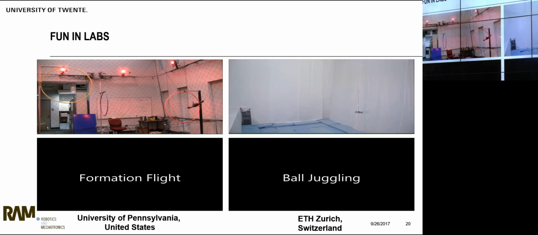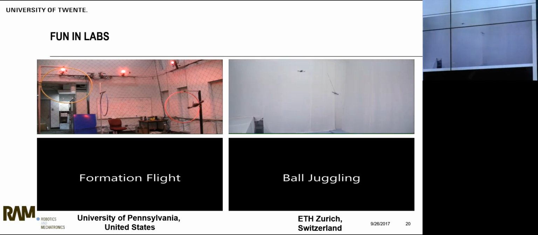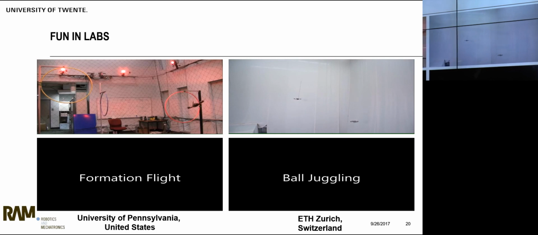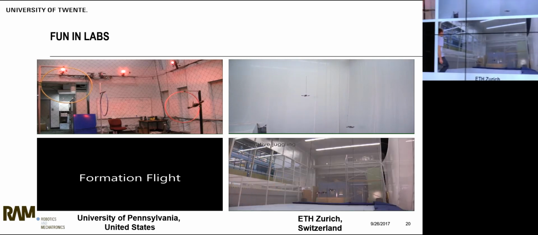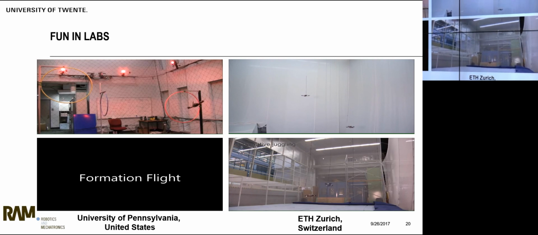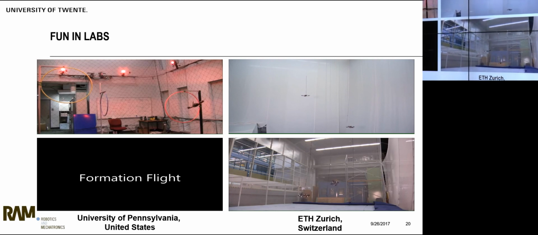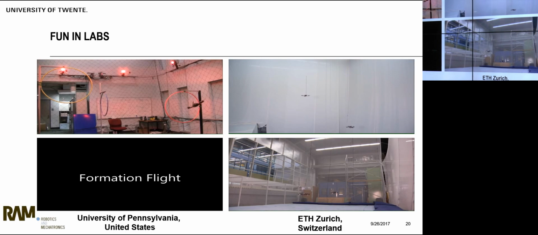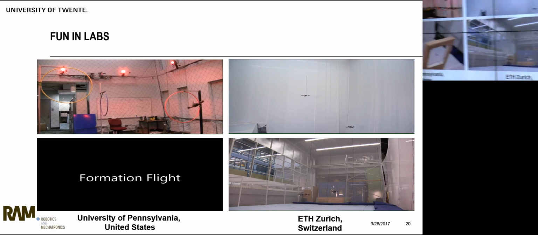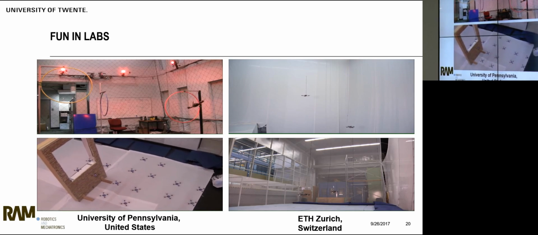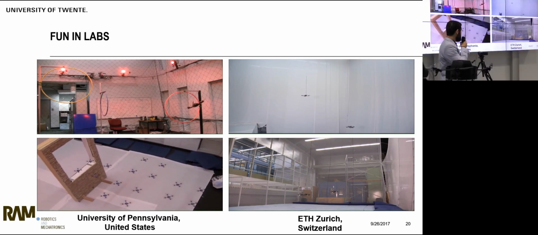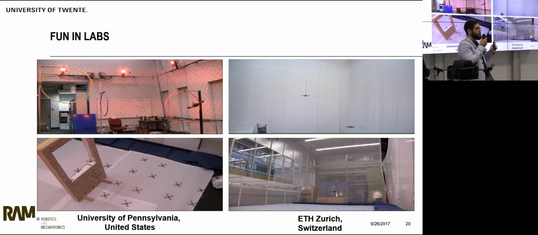You can make the drone balance a pole. You can make the drone juggle a ball. And you can make a lot of them move together in one formation. So these machines have a lot more to give us.